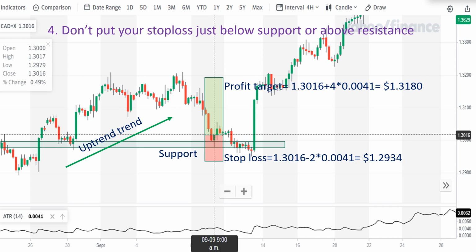So you see your stop loss value is 1.2934, and the lowest price in this pullback, which is this bearish hammer, is 1.2950.